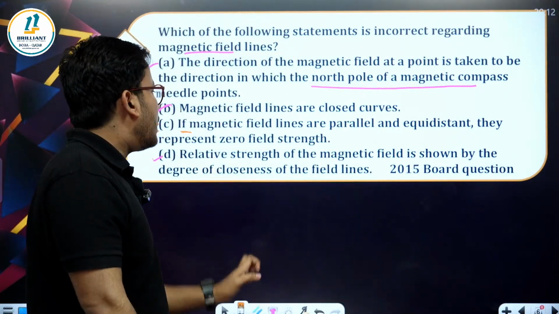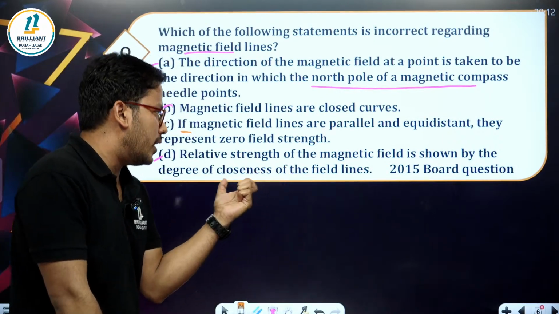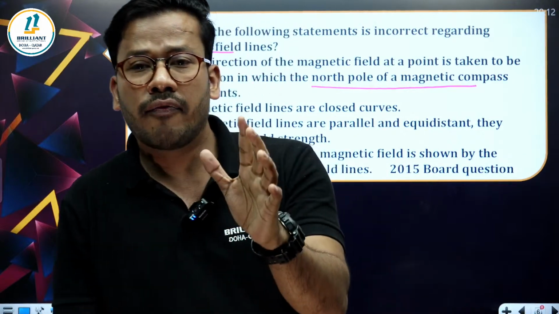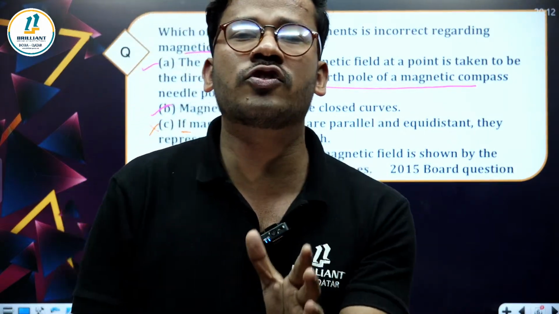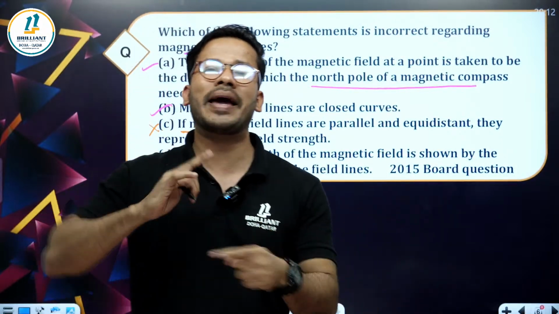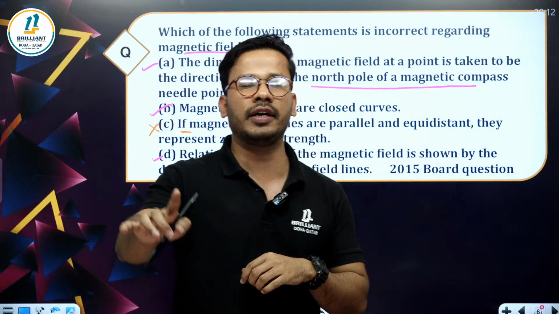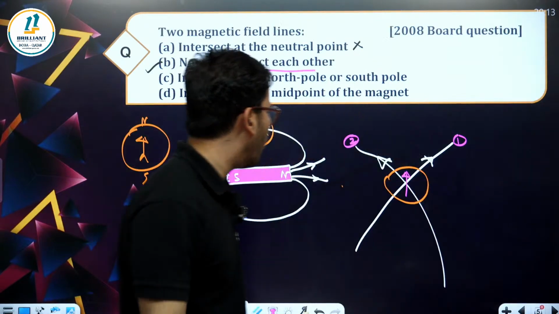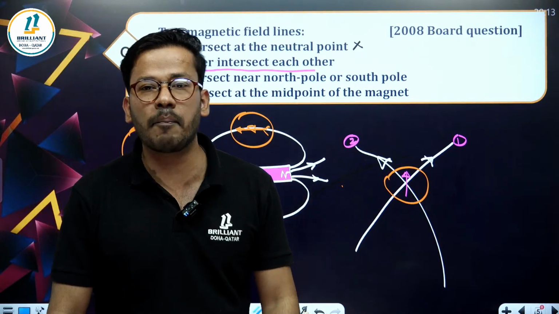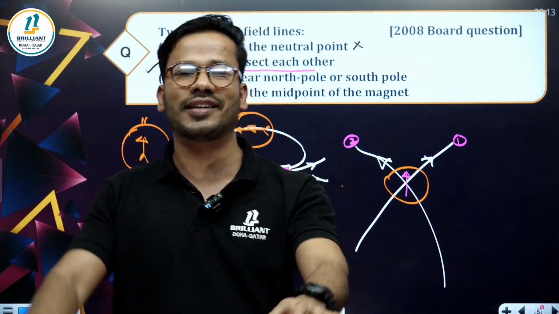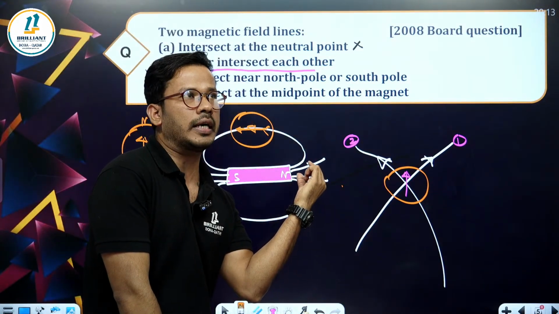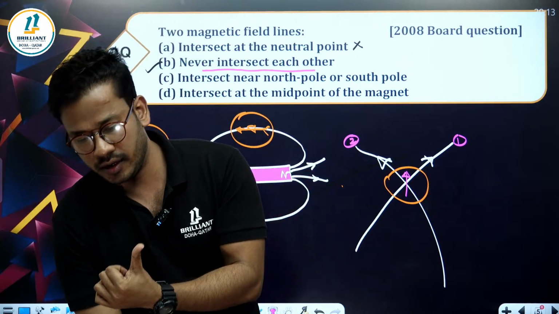The relative strength of magnetic field is shown by the degree of closeness of field lines. Guys, we know that when field lines are closer, the field is stronger. The closer the field lines are to each other, the greater the strength of the magnetic field, and vice versa. We have seen here that at the poles, field lines are closer with each other. And if the field lines are closer, what's going to happen? You will tell me, sir, the magnetic field will increase.